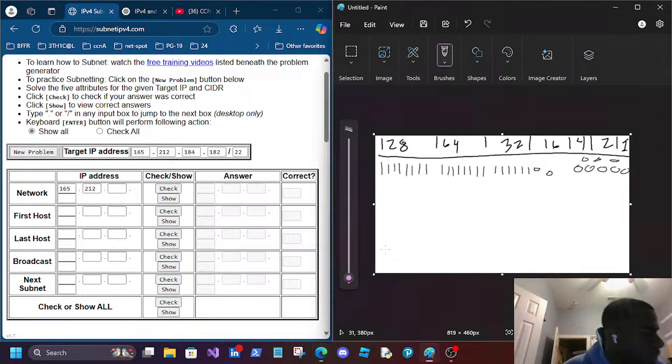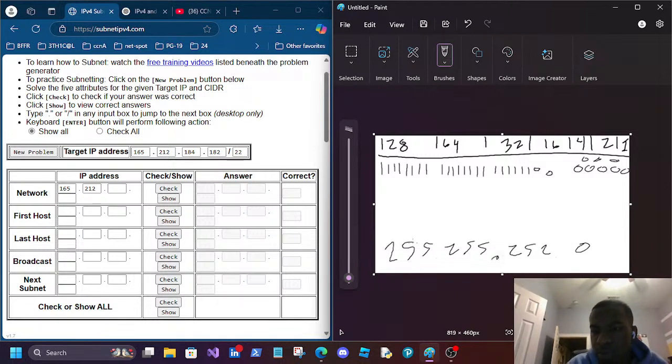All right, but since I'm talking about it, let's just say it's /22. So 255, 255, 252, 0. That's my subnet mask.